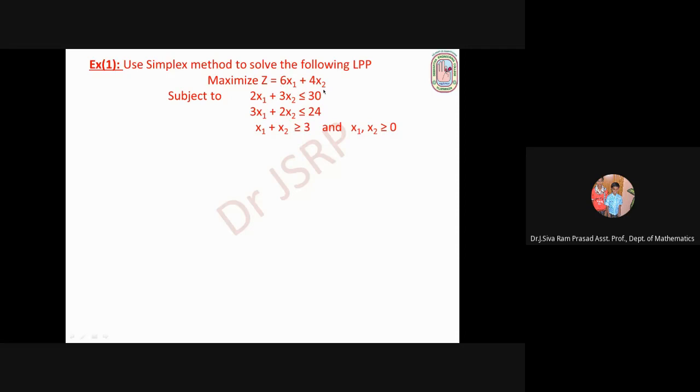Maximize Z equals 6x1 plus 4x2, subject to 2x1 plus 3x2 less than or equal to 30, 3x1 plus 2x2 less than or equal to 24, x1 plus x2 greater than or equal to 3, and x1, x2 greater than or equal to 0.